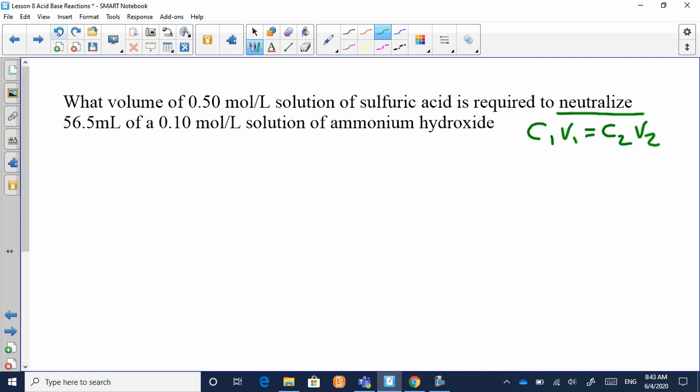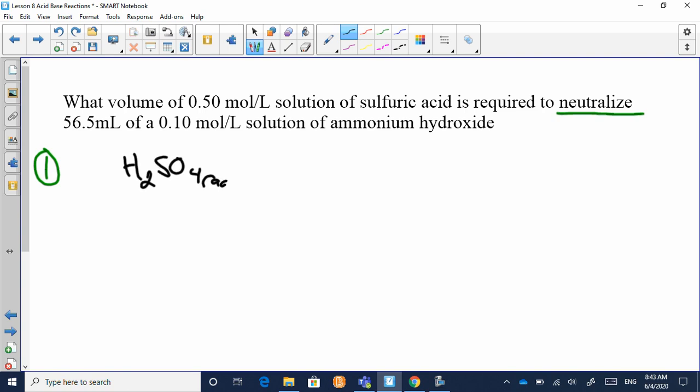Okay, there we go. Okay, so step number one of stoichiometry is a balanced chemical equation. Here we go. So it says sulfuric acid, which I know is H2SO4, and it's a solution, so I know it's aqueous, plus ammonium hydroxide is NH4OH, and I know that that's a +1 ion and a -1 ion.